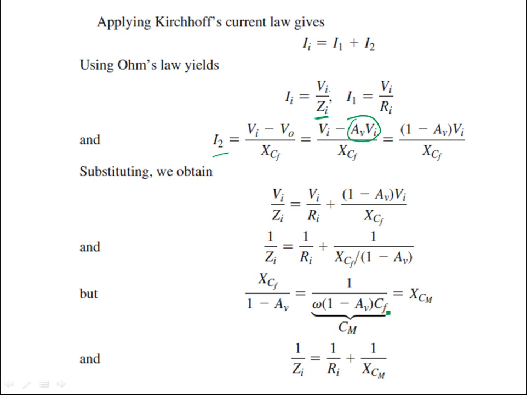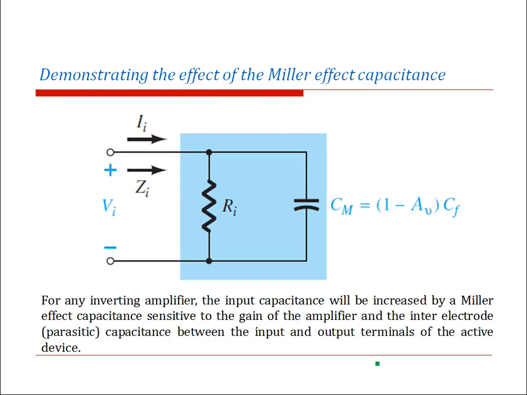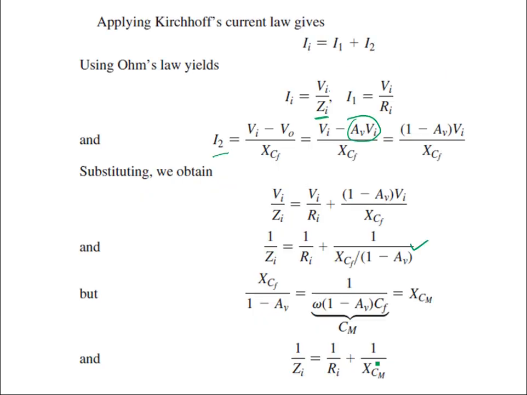So what is the CF? Is the feedback capacitor, and this term is represented as CM, Miller capacitance CM. Or this you can finally write it down as 1 by Zi equal to 1 by Ri plus 1 by XCM. Okay, so this XCM is the Miller input reactance.